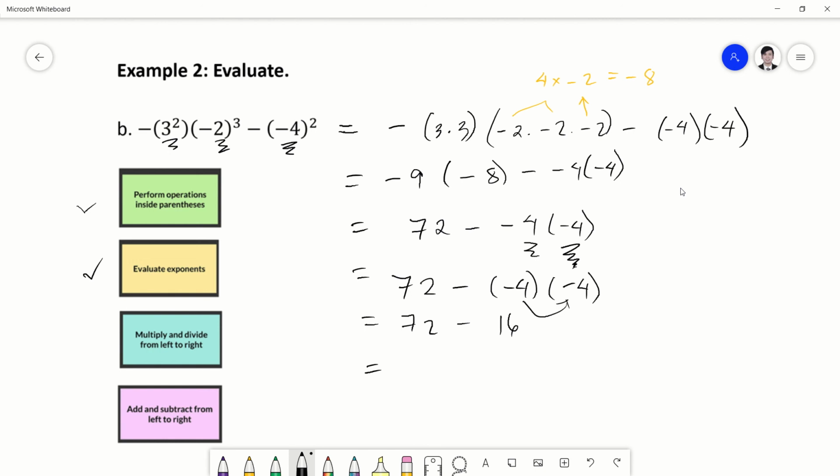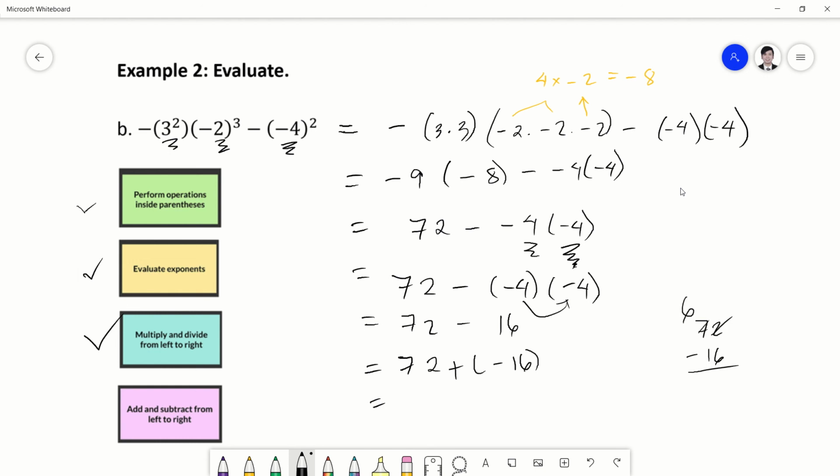Then we're done with multiply and divide from left to right. So now we will proceed to add and subtract from left to right. 72 minus 16 is the same as 72 plus the opposite of 16, negative 16. They have different signs. That means 72 minus 16, borrow.